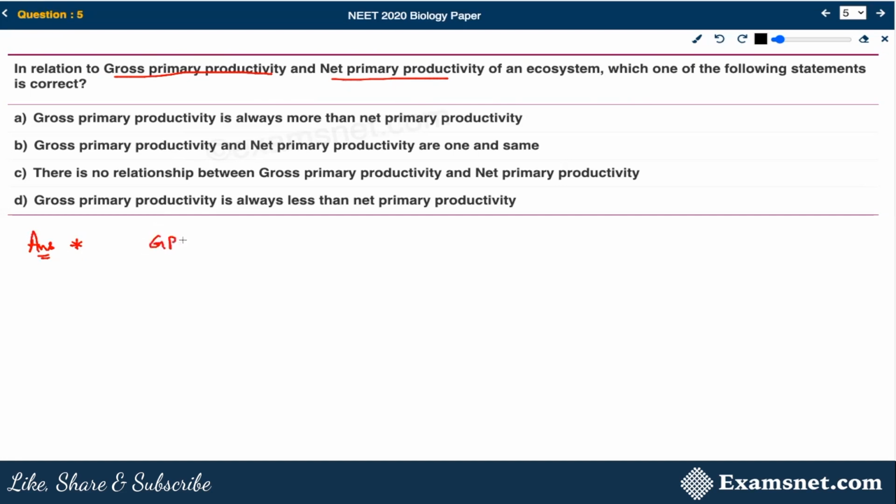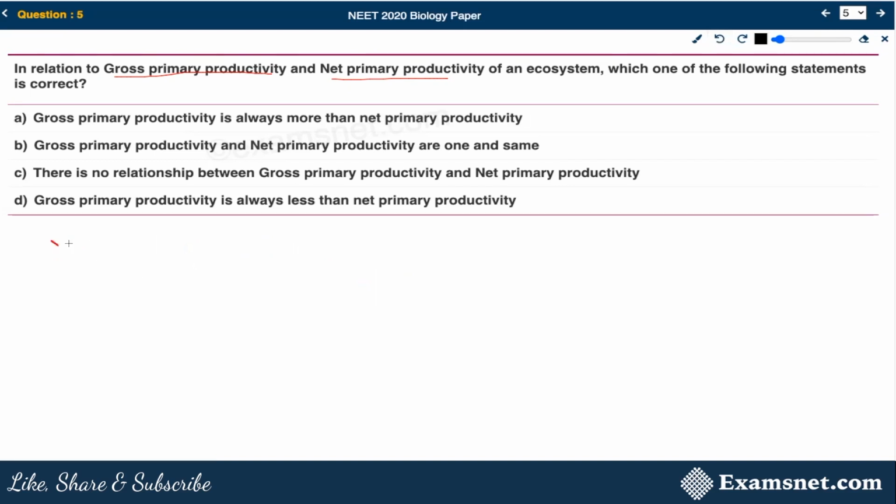So gross primary productivity is considered to be NPP minus R, that means net primary productivity minus respiration losses. Sorry, just a second. There has been a little mistake. I have written the opposite terminology actually.